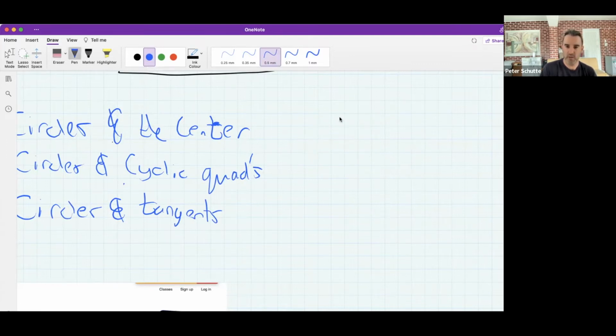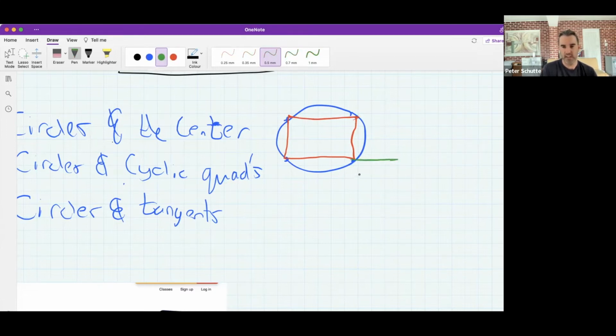Now, a cyclic quad is just a quadrilateral where the vertices are on the circumference of a circle. So that would be a cyclic quad. And there's some facts and theorems we need to learn about cyclic quads. And we also talk about the exterior angle of a cyclic quad. So it turns out the exterior angle of a cyclic quad is equal to the interior opposite.